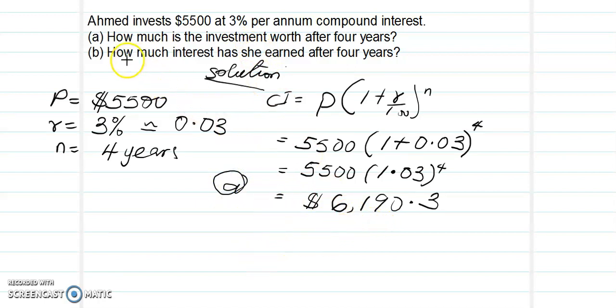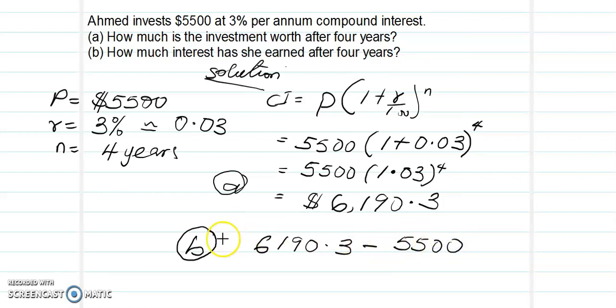Now the next question says, how much interest has she earned after 4 years? So for us to find the interest she has after 4 years, we use the amount she has after 4 years minus the initial amount of investment. So that gives us 6,190.3 minus 5,500.